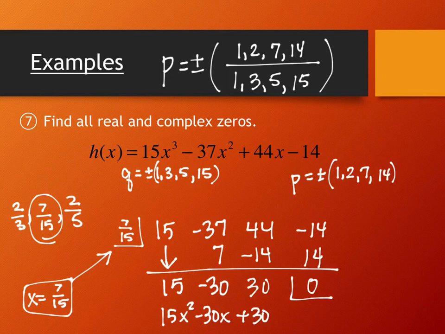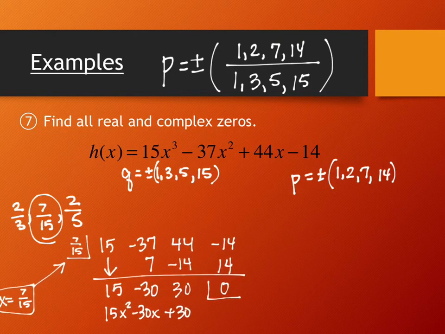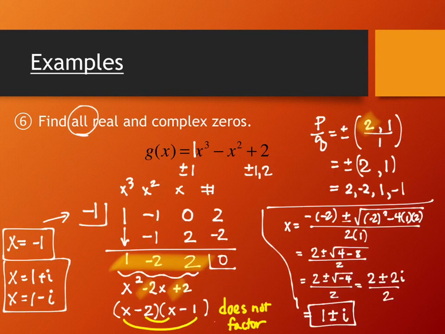Okay, so give me just a second. I'm going to shrink this. So if I take a 15 out of this, I have x squared minus 2x plus 2. I'm supposed to be setting that equal to 0. And what happened? It doesn't factor, but we already did it, right?